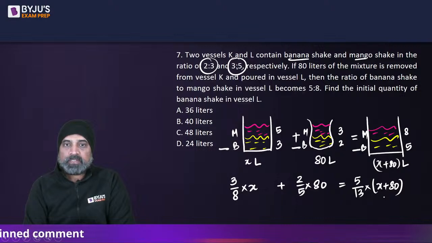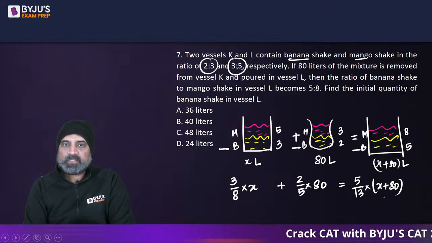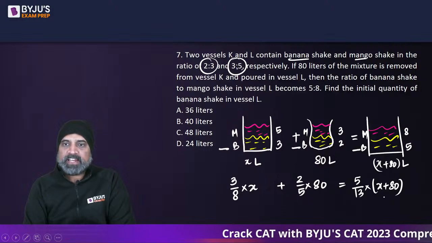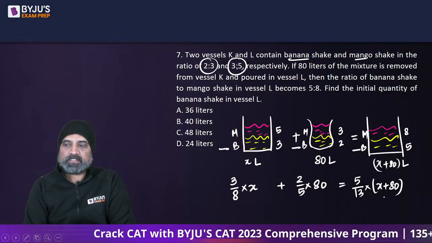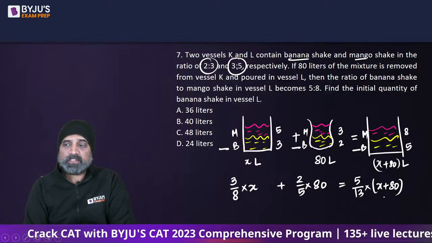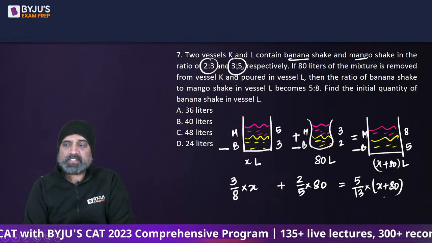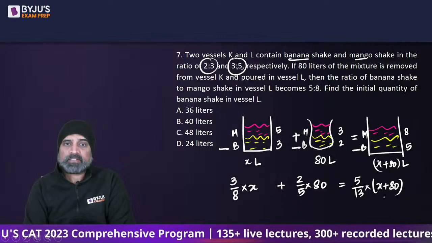If we use a bit of common sense, we need to find a number such that 80 plus 36, which is 116, should be divisible by 13. 116 is not divisible by 13.